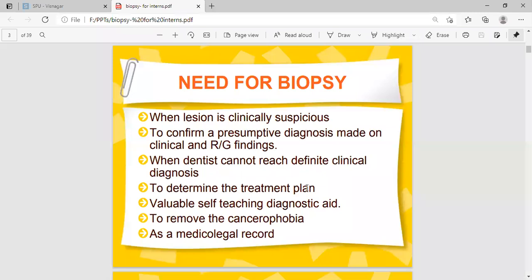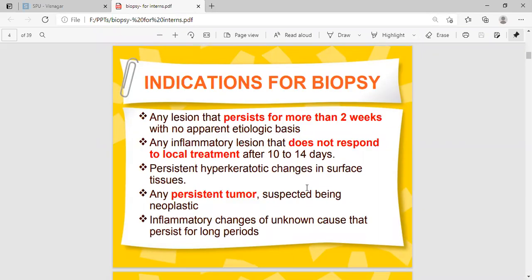The treatment plan differs with the different diagnosis. Then, it is a valuable self-teaching diagnostic tool, and it removes cancer phobia. Many patients come with unhealed ulcers. They have a cancer phobia: I must be having cancer. So this is a need for the biopsy. Then there is the medico-legal record.